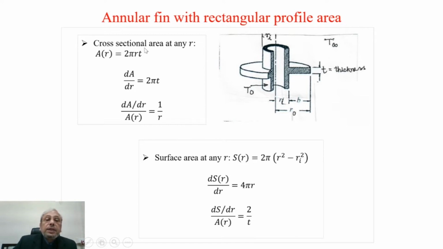Now, the cross-sectional area at any radius is given by 2 pi r t. Therefore, dA by dr is 2 pi t. And dA by dr divided by A is given by 1 by r.